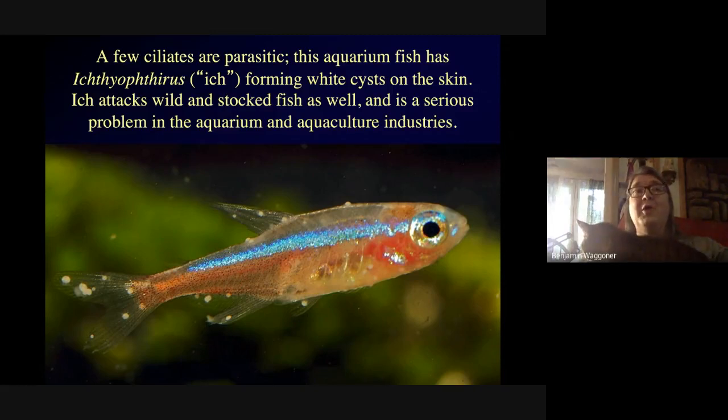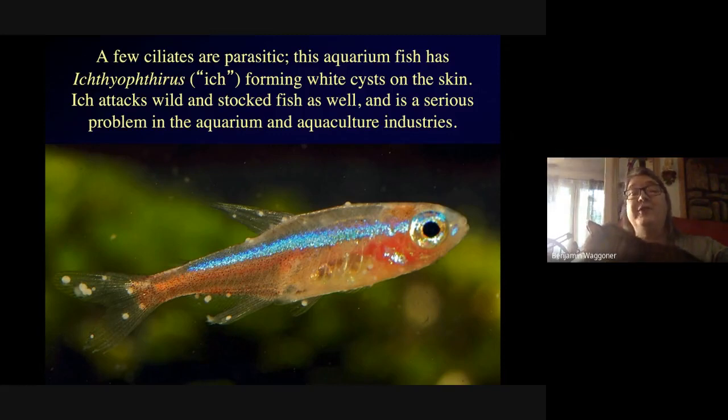lives for a time on the bottom of an aquarium and then emerges and goes swimming and forms cysts on the skin of a host fish and divides within those cysts and sends out more swarming cells to attack more fish.